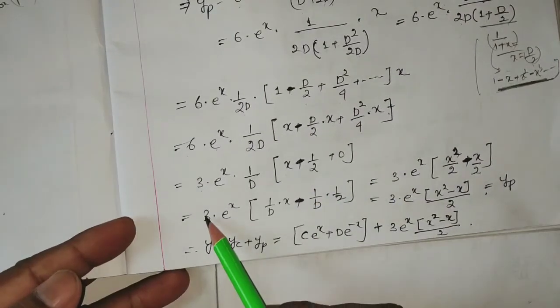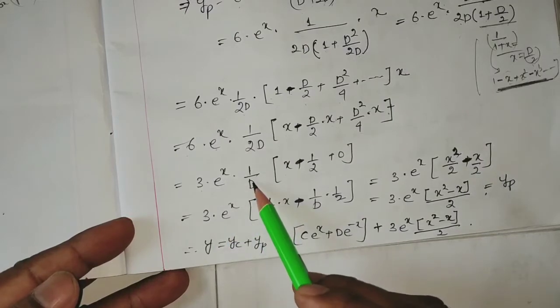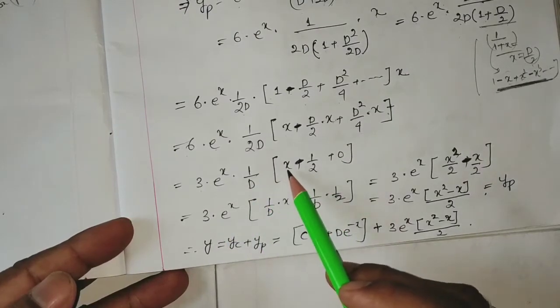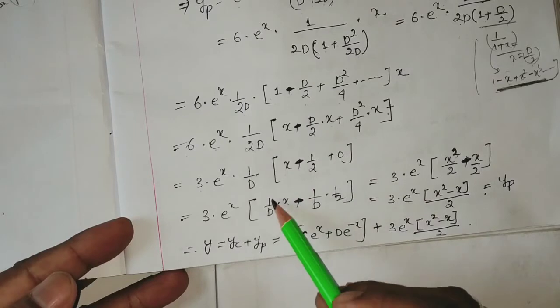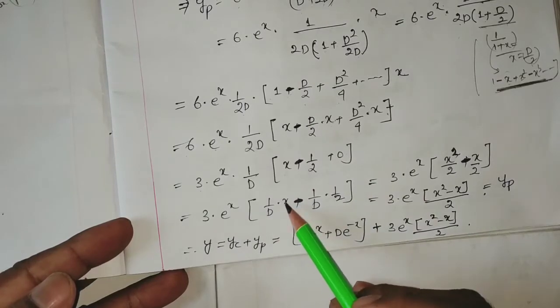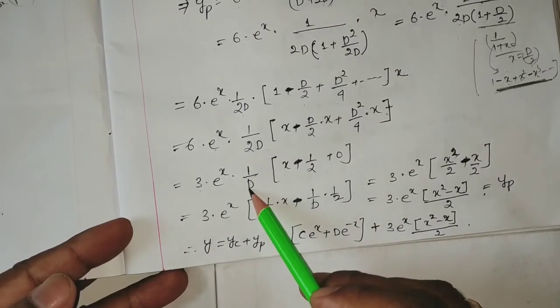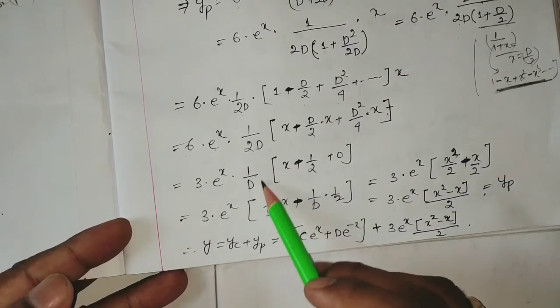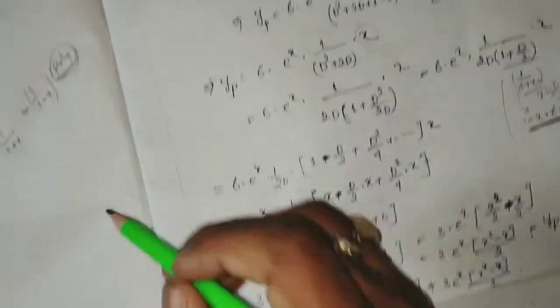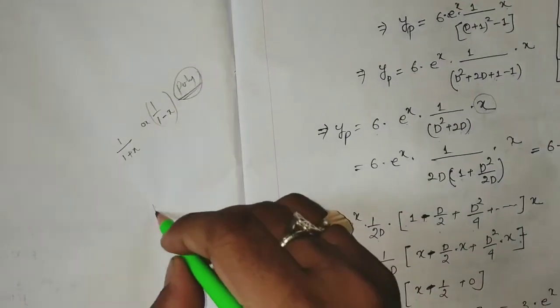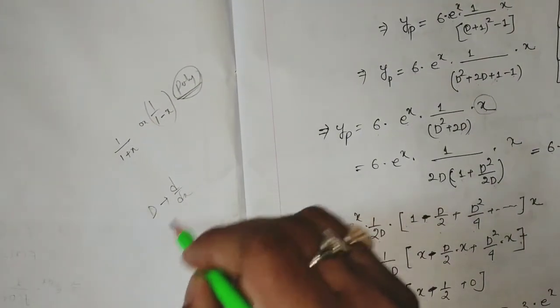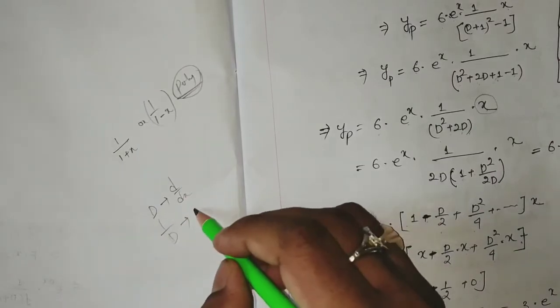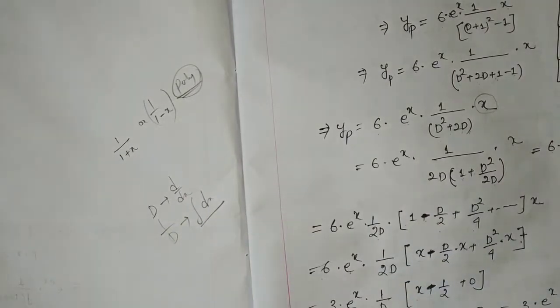Now 3 into e to the x, 1 by d is going to be operated on x, on 1 by 2, and 0. 1 by d operated on x minus 1 by d operated on 1 by 2. This is an operator, because this is nothing but integration. See, already d is the operator which represents d by dx, and 1 by d is the operator, which is nothing but the first integration.